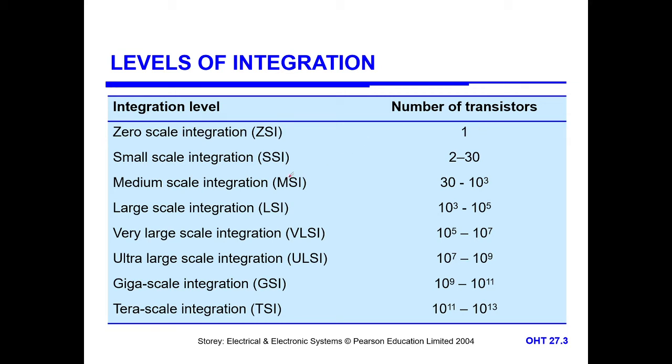Later on we came across small scale integration, which you can call SSI, with the same size of integrated circuit. Now we integrated around 2 to 30 transistors, because this was somewhere in the 1940s.